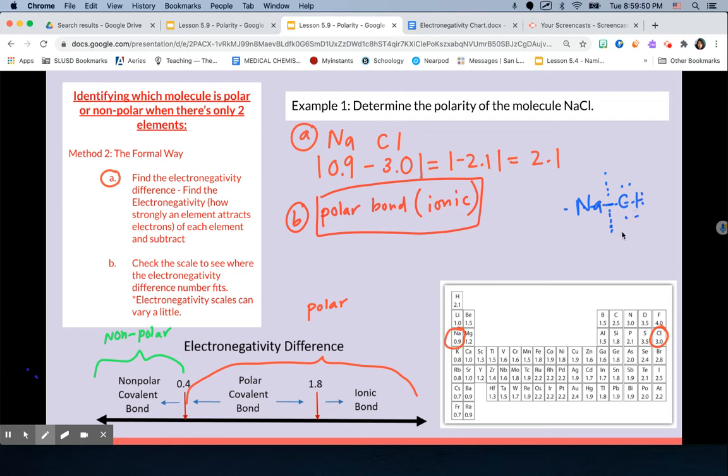So I can tell that it's also going to be polar. So both these methods are pretty reliable, whichever you happen to prefer. Do recognize that in AP Chemistry, if you plan on taking AP Chemistry in your future, you will need to know how to solve it this way.